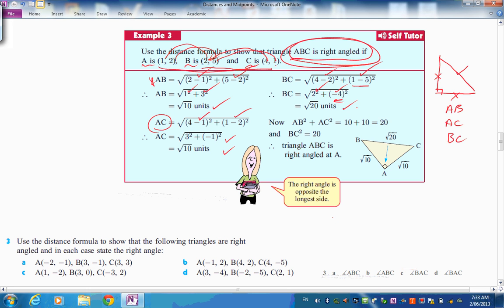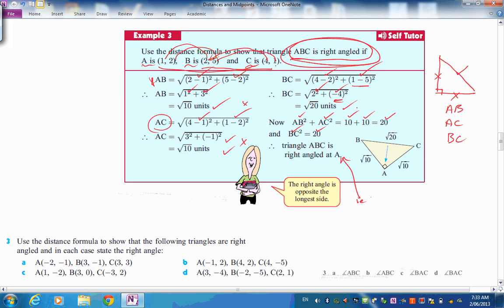Now let's have a look. When we square AB and square AC, that's that one and that one, we've got 10 plus 10. Root 10 squared is just 10. So that comes to 20, and BC squared is 20. Therefore we have done it. Now I would like to have a different line in here.